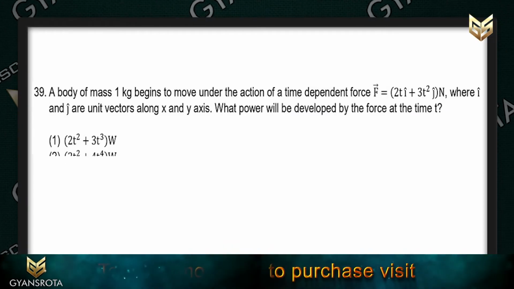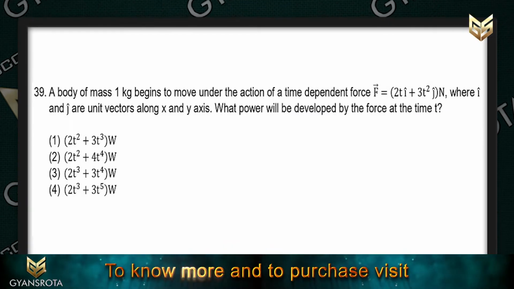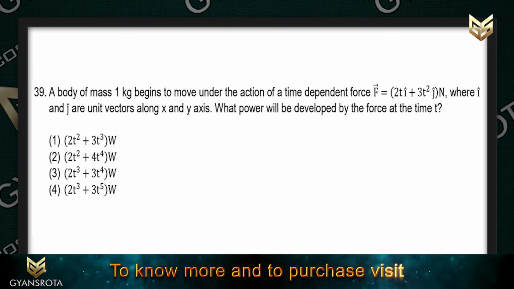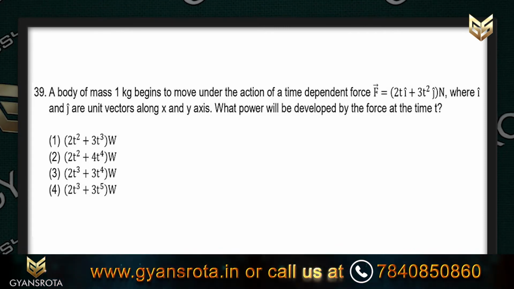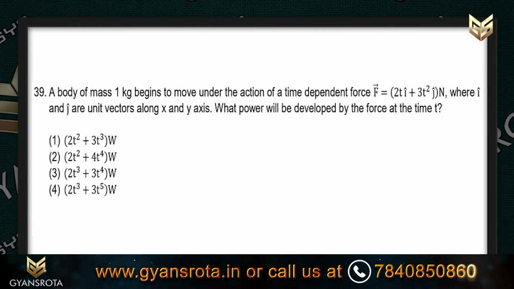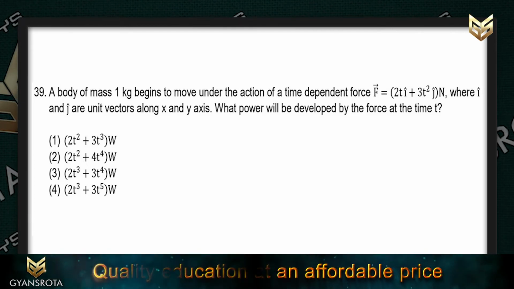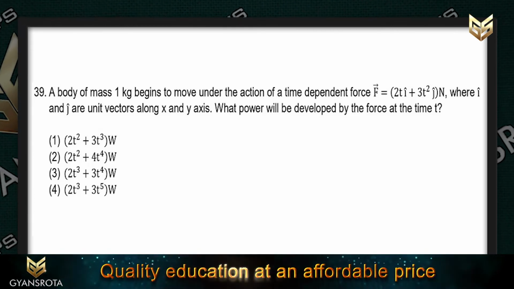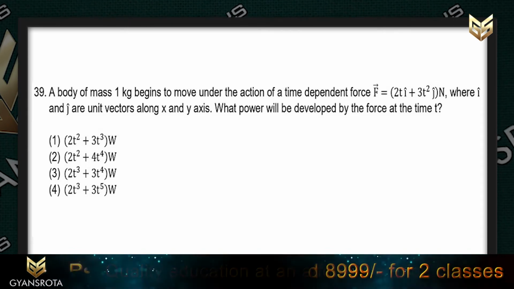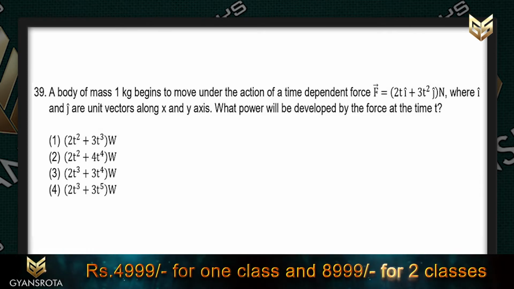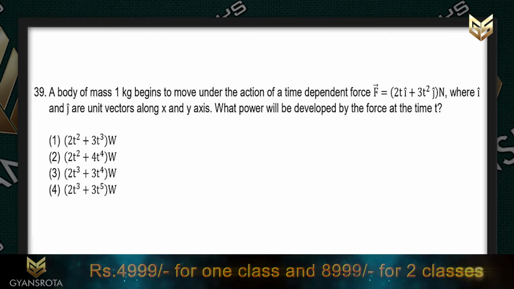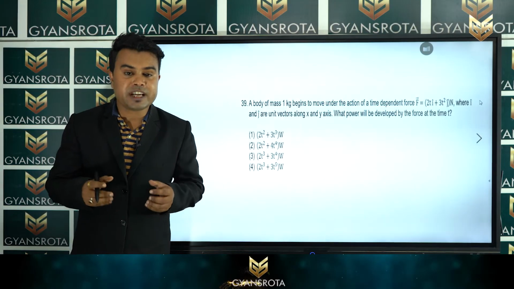A body of mass 1 kg begins to move under the action of a time dependent force, which is equals to 2 i cap plus 2t i cap plus 3t square j cap Newton, where i and j are the unit vectors along x and y axis. What power will be developed by the force at time t? So you need to calculate power.